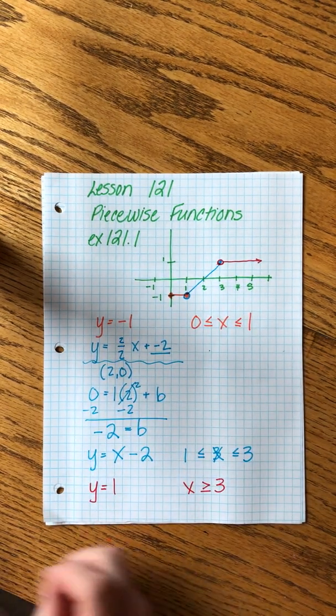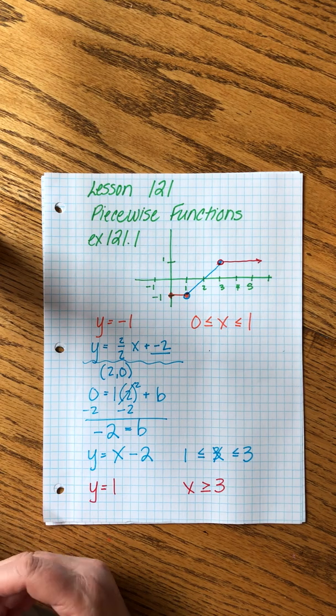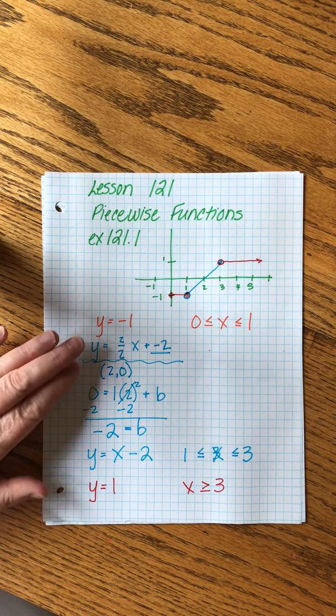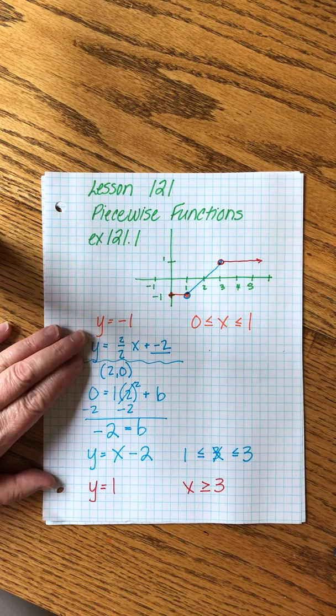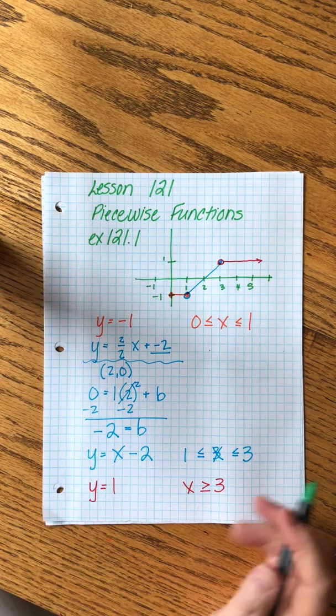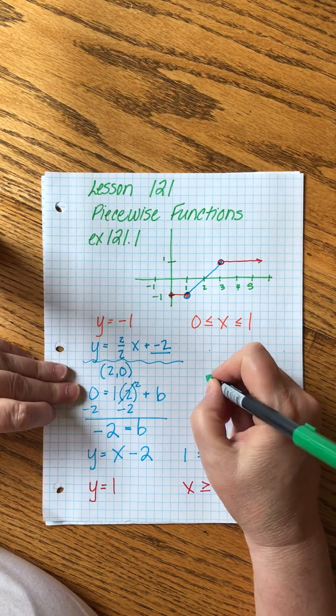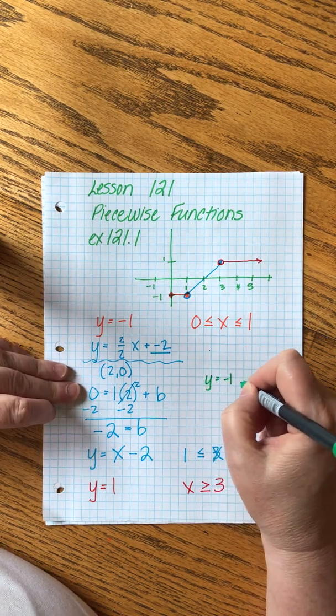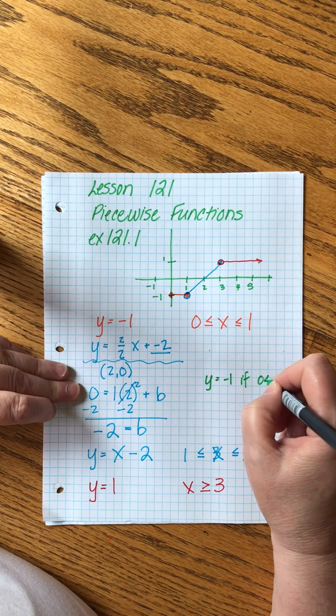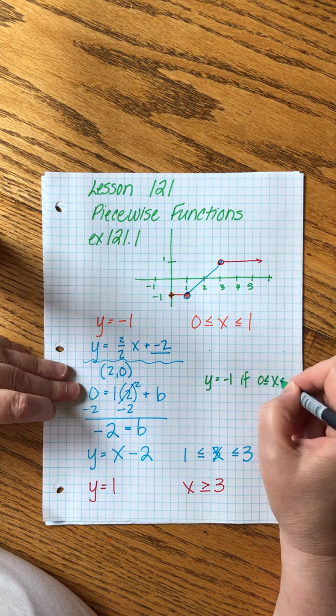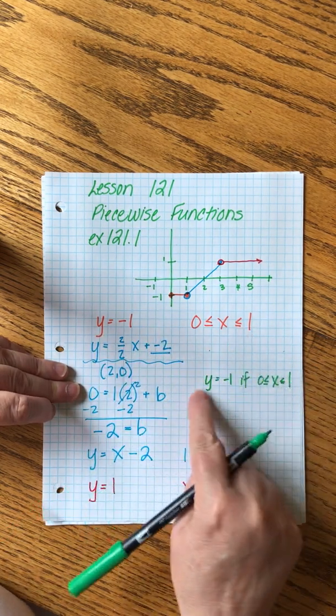Now I'm going to show you the way John writes it. I consider this to be perfectly lovely. What John does is he writes that y equals minus 1 if 0 is less than or equal to x is less than or equal to 1. That's this part.